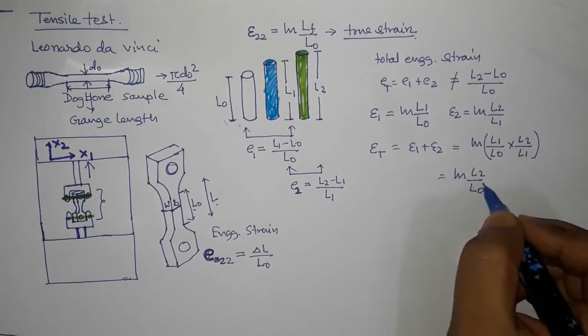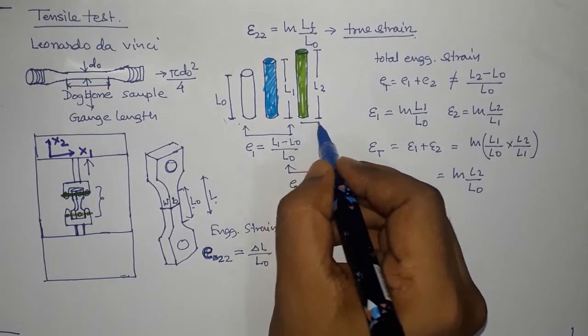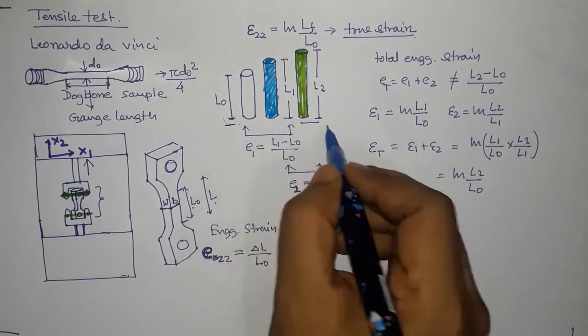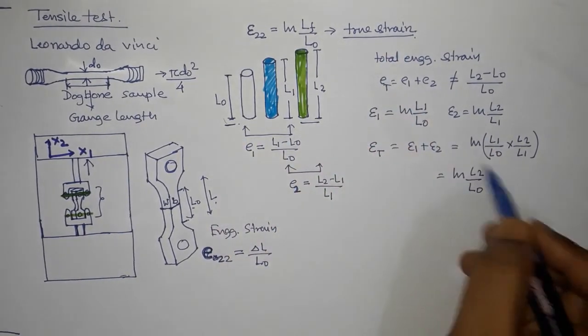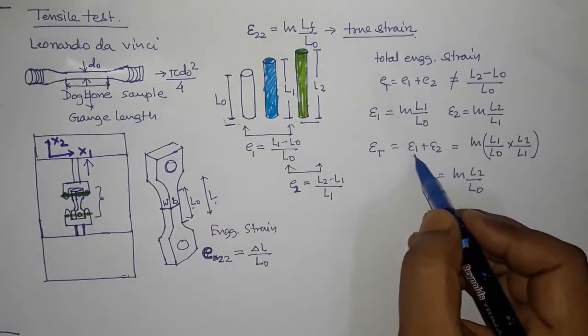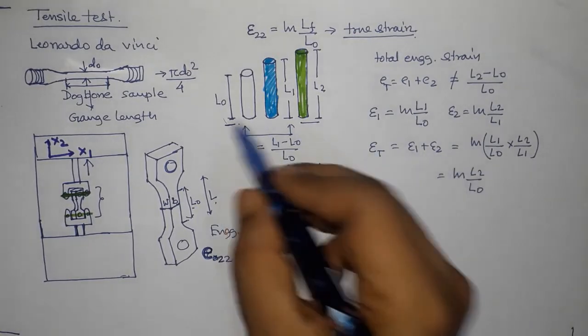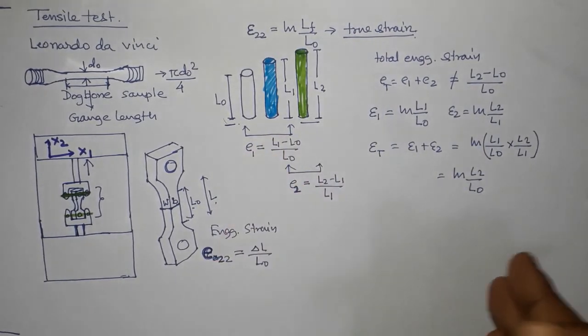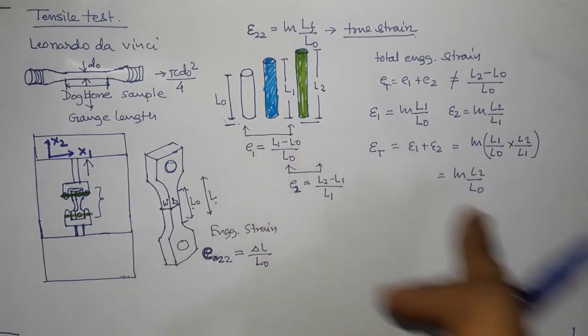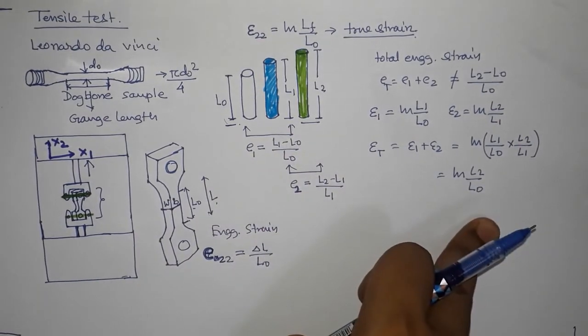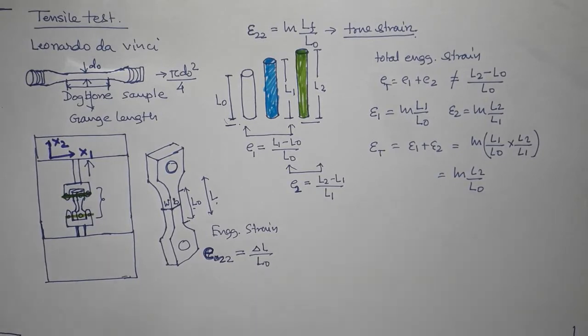So if you calculate the true strain taking only the initial and final steps, you get the same thing that you get by adding stepwise in between. You can take an infinite number of steps between the initial and final position and you will get the same thing, right? So this is the advantage of true strain.